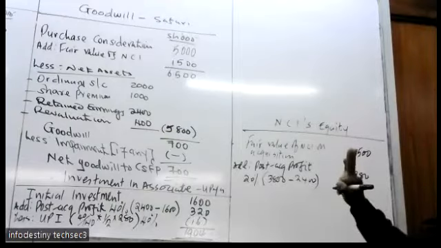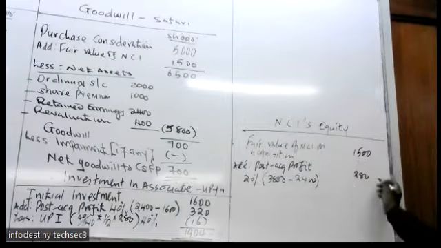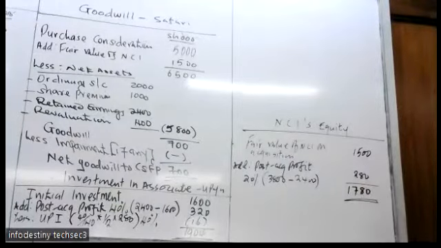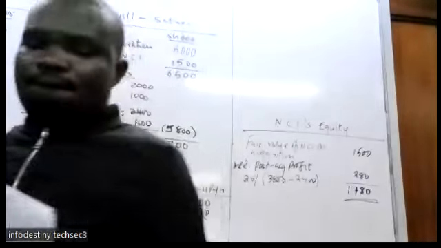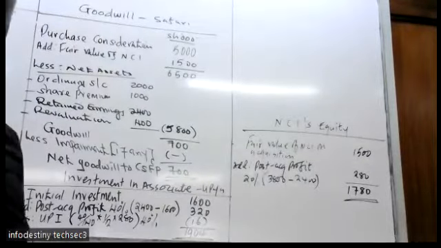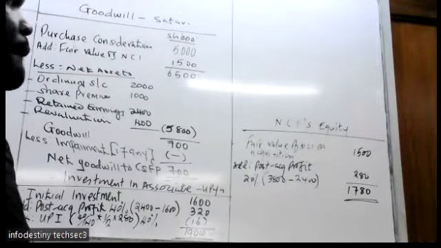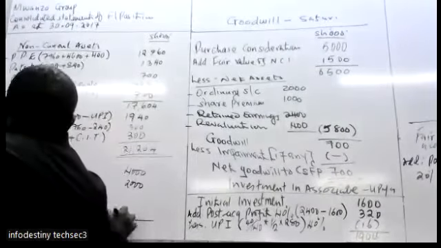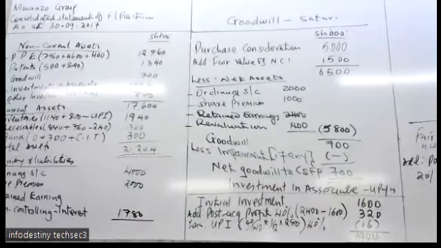There was no UPI in the subsidiary. So just add. This is 1780. So take that to equity, 1780. We'll come back for retained earnings.